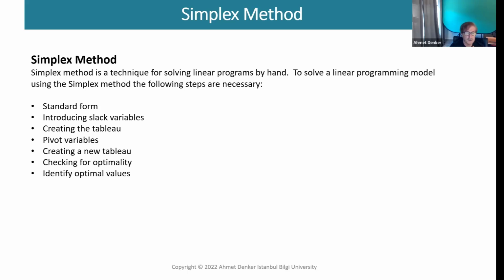Checking for optimality in this case is looking at the last row, or the lowest row, of the table or the tableau. In the tableau, if the last row is all positive, that means that now I have found the optimal solution. Then I am going to identify the optimal values. So these are going to be the steps of the simplex method.